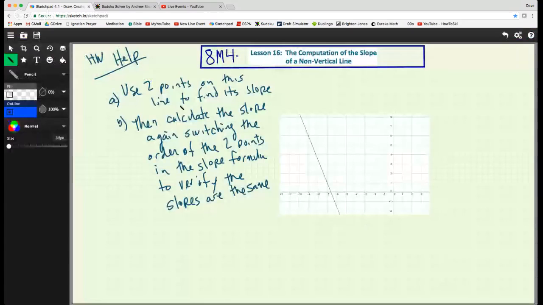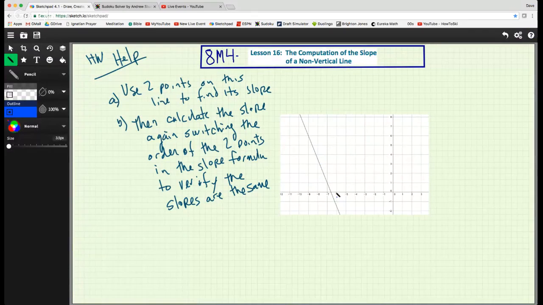Now we're going to do the same thing on this next problem. I want you to use 2 points on this line. There may only be 2 that actually meet the criteria of lining up right on integer boundaries. And then I want you to calculate the slope again, switching the order of the 2 points. Use the same 2 points and do it both ways. Remember, m equals y2 minus y1 over x2 minus x1.